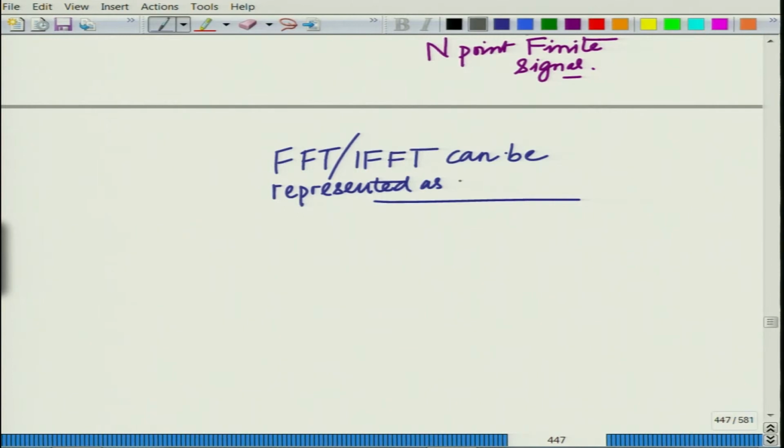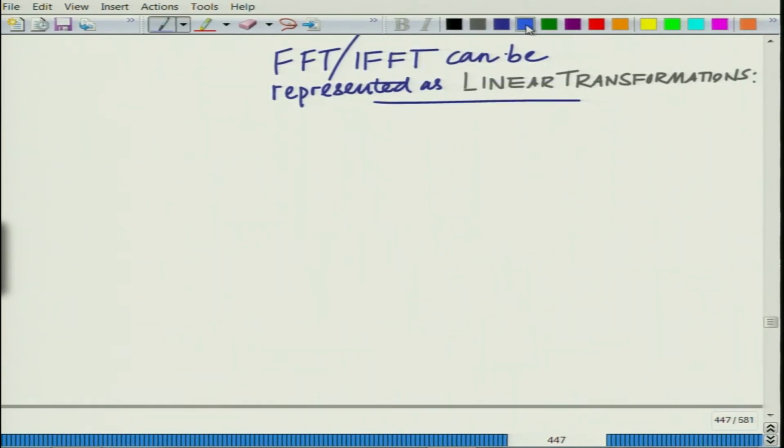So, these are nothing but linear transformations. And what are these linear transformations? If you look at the FFT, for instance, the output is the N dimensional vector capital X[0], capital X[1], and so on.